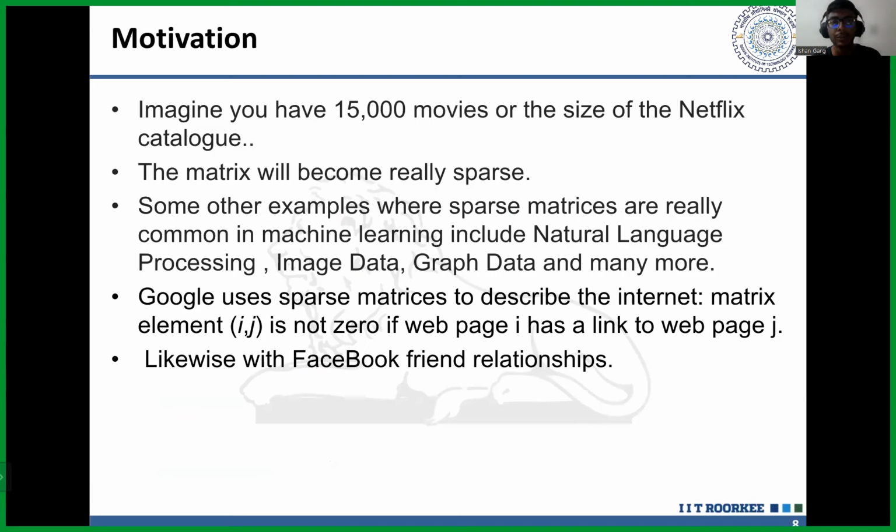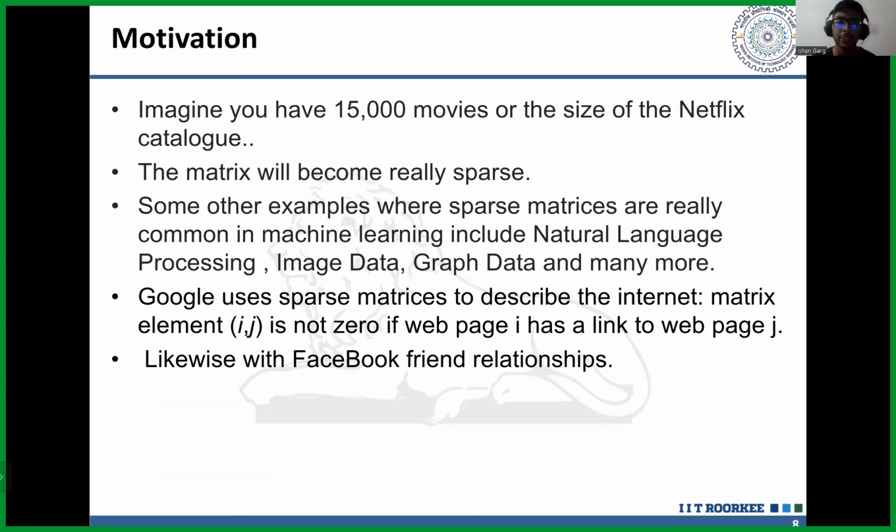They contain a lot of movies. So what if you allow different people to give ratings for them? It is easy to understand that not many of you have seen all the movies. Mostly people see a few movies, so most of them will give zero ratings. So the matrix will become really sparse, maybe on the order of 90% or even more. We don't really have an exact idea, but it will be highly sparse.